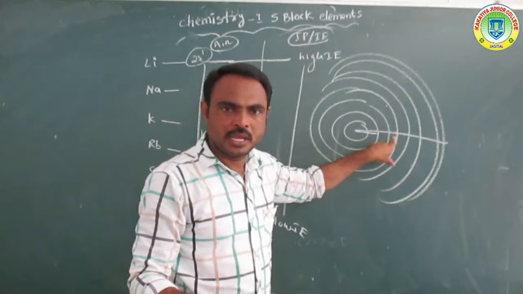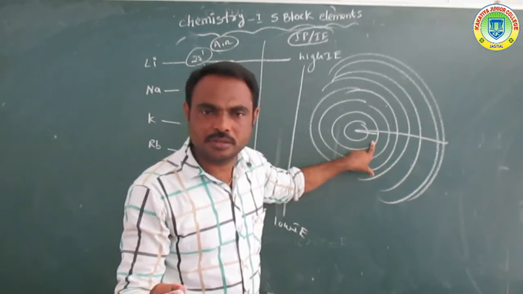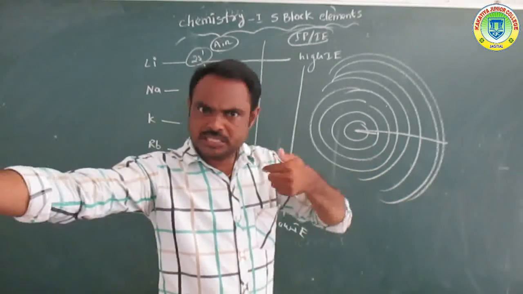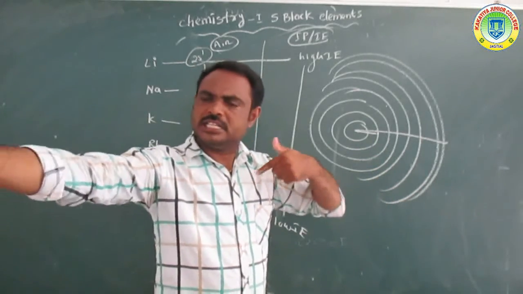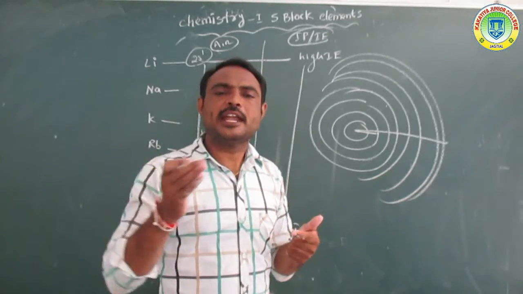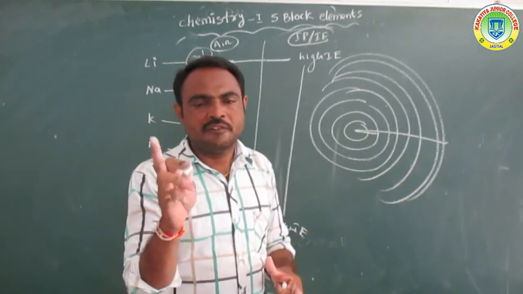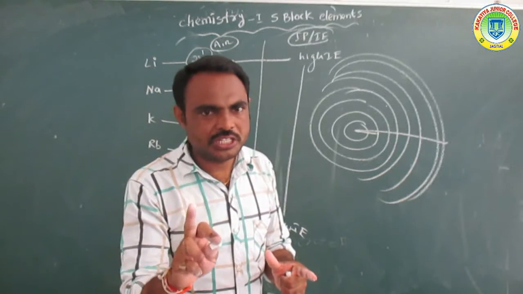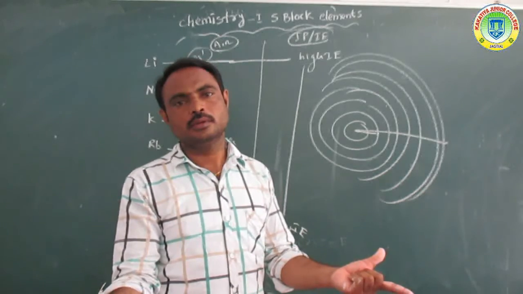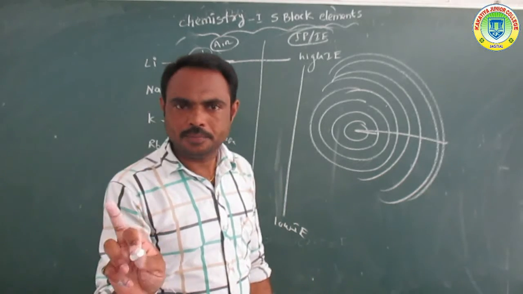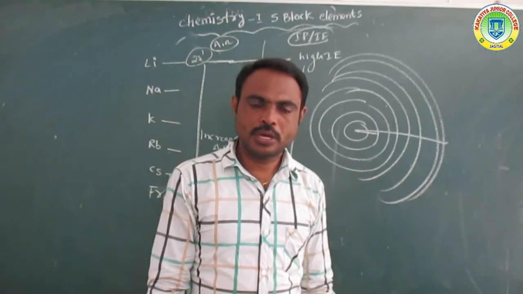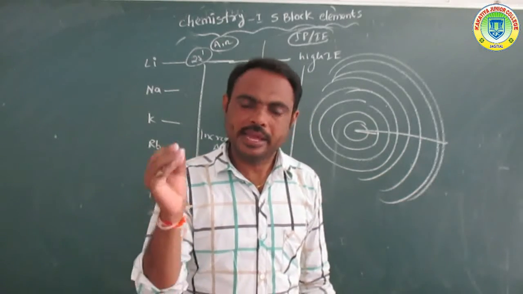At that time the nuclear attraction is very low because the distance is very high. When nuclear attraction is very low, it is very easy to remove the electron. At that time we require lower energies.